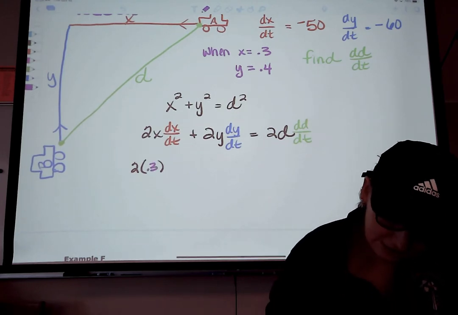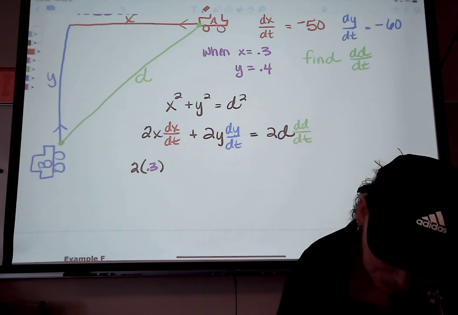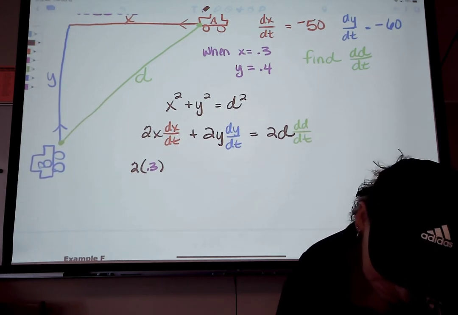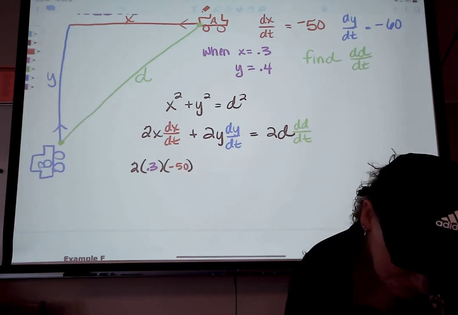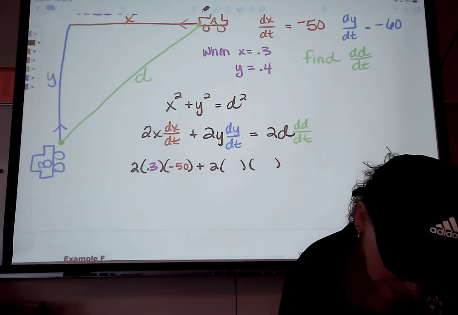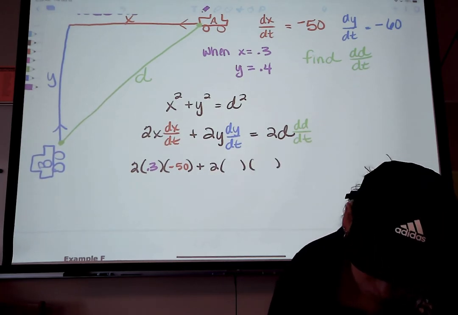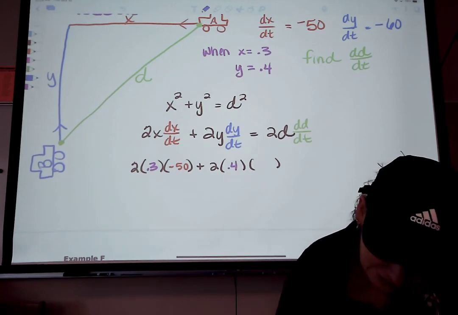I know that x at that moment, I can plug in 0.3. I can plug in dx/dt, which is negative 50. Two times y. At that moment, y was 0.4. dy/dt was negative 60.